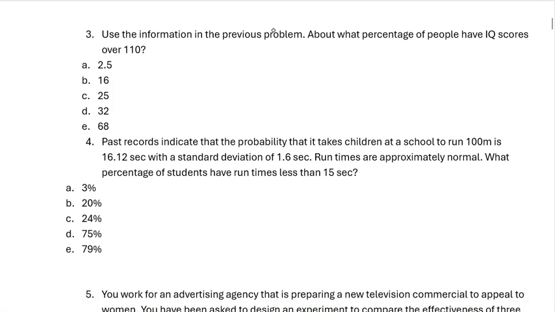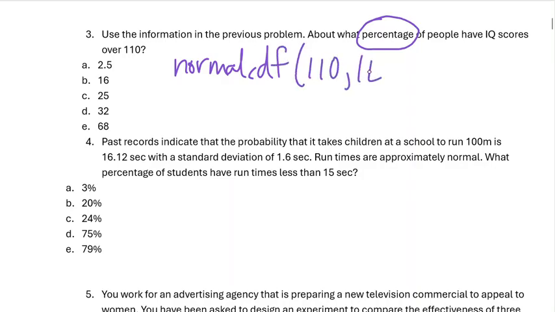Use the information to determine what percent of people have IQ scores over 110. What percent? That means it's a normal CDF problem. That's going to be normal CDF, 110, 1E99. The mean is 100, and the standard deviation is 15.